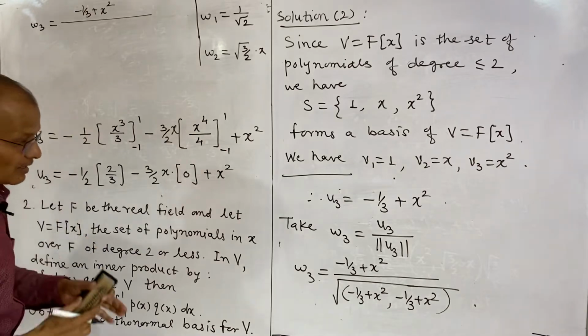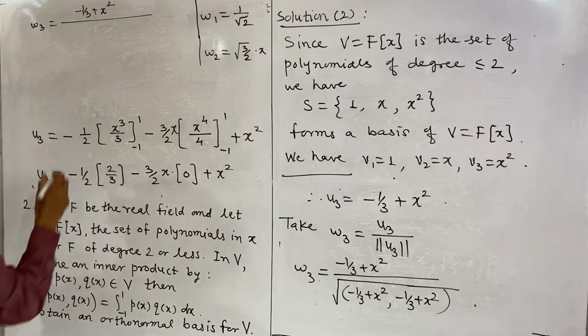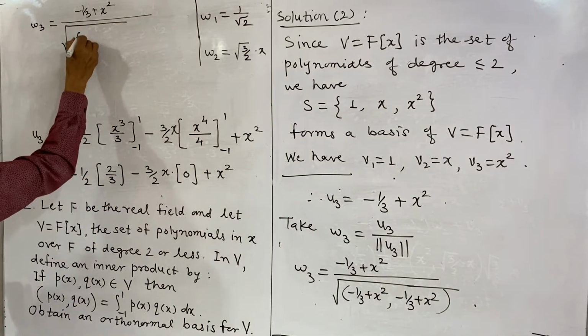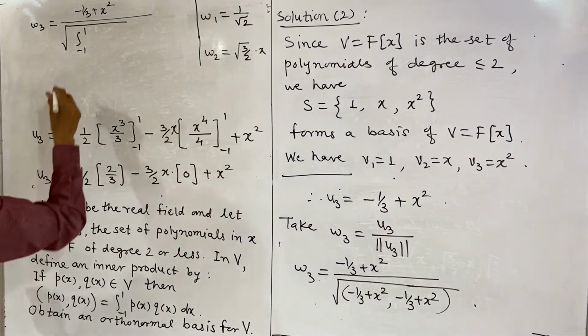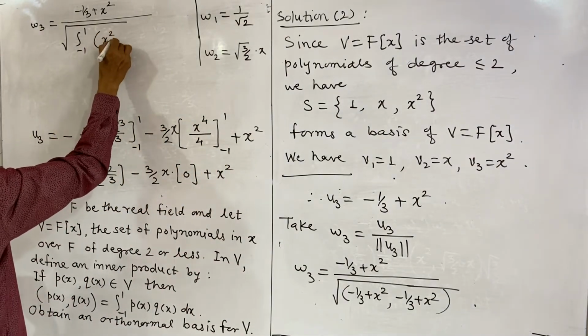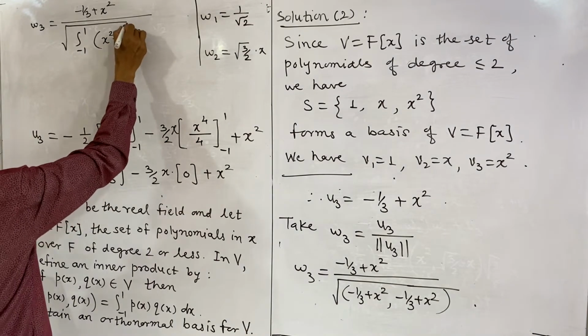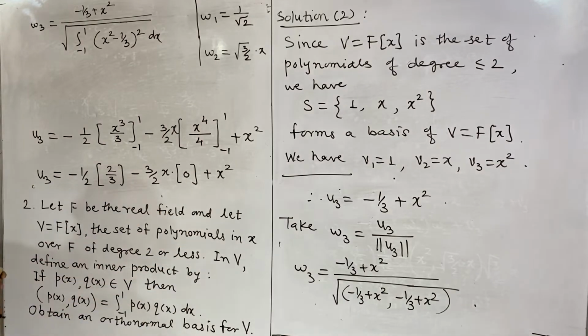divided by, using the definition, the square root of the integral from minus 1 to 1 of the product of these two, which means actually the square of x square minus 1/3, whole square, dx. p(x) into q(x), the same term is there, so it will be a square.